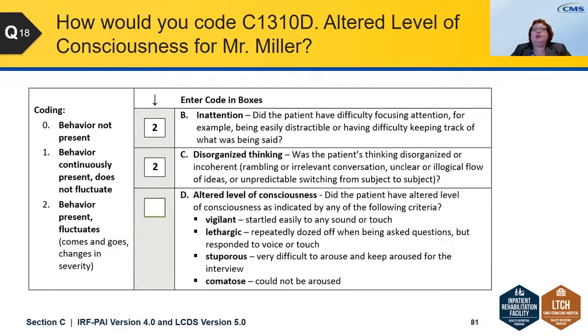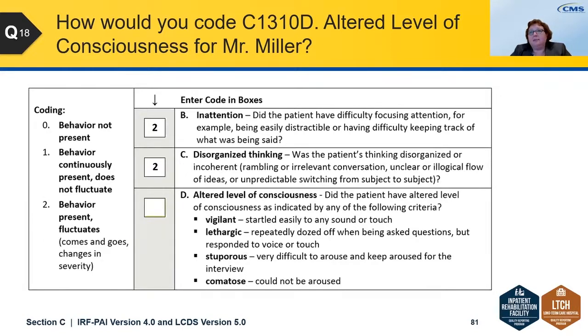So again, consider, did he present with any altered level of consciousness? And I think the item itself gives you some ideas of what that could mean. So it's always good to read those items to help you answer the questions. Give it a few more seconds.